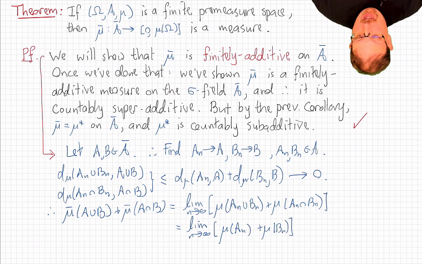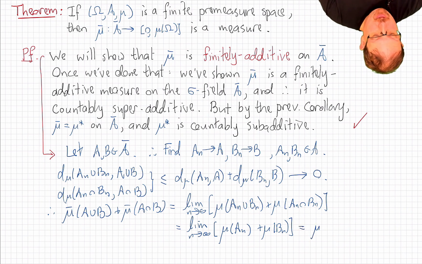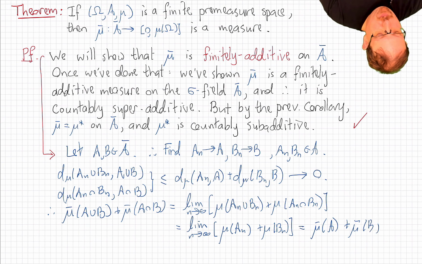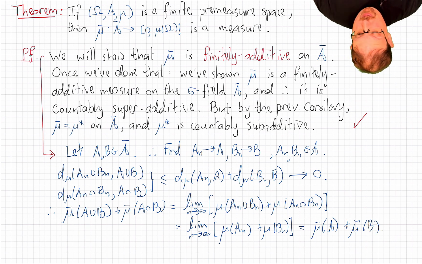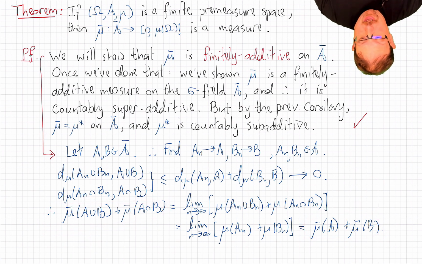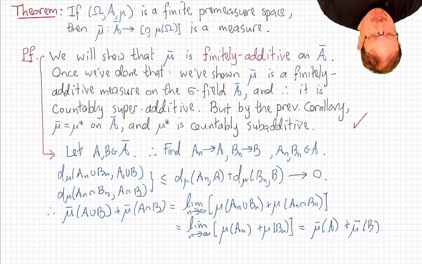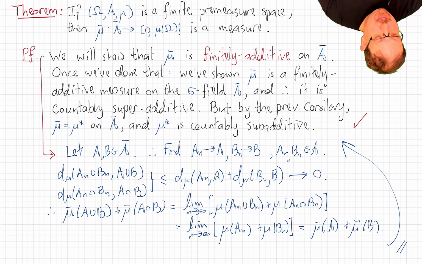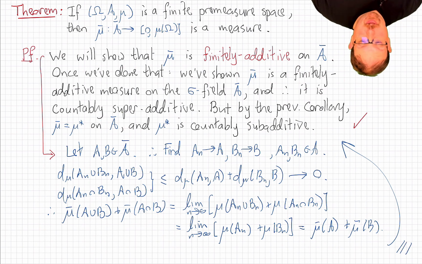And now that limit is, of course, by definition, equal to mu bar of A plus mu bar of B. That shows that mu bar also satisfies the strong additive formula and is therefore finitely additive, and that concludes our proof of the measure extension theorem for finite premeasure spaces.